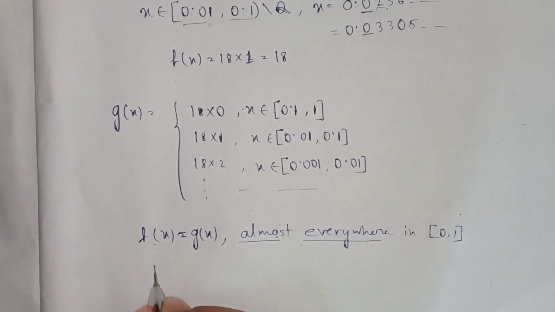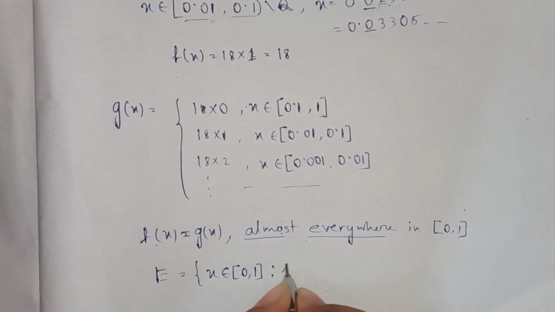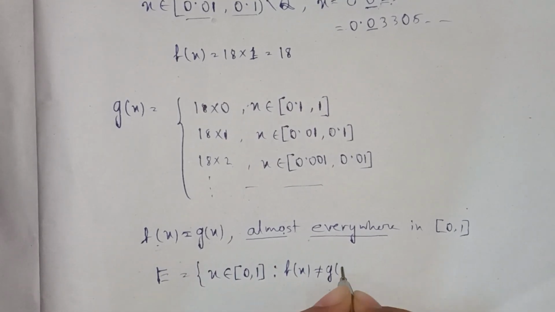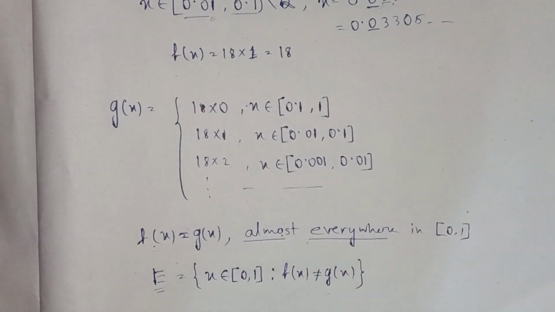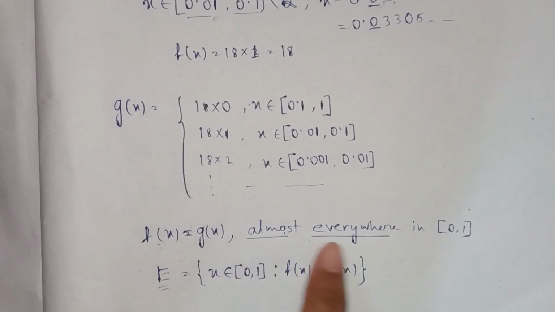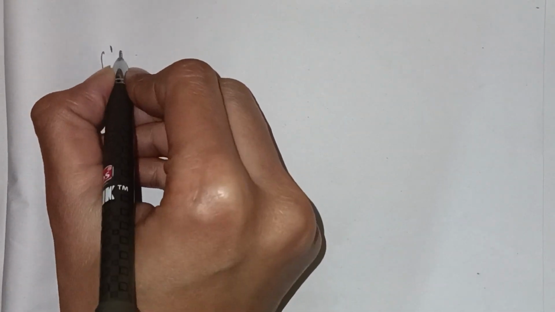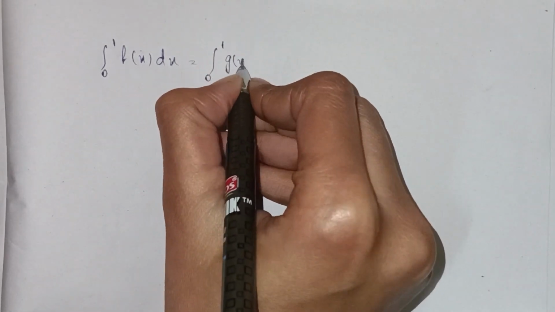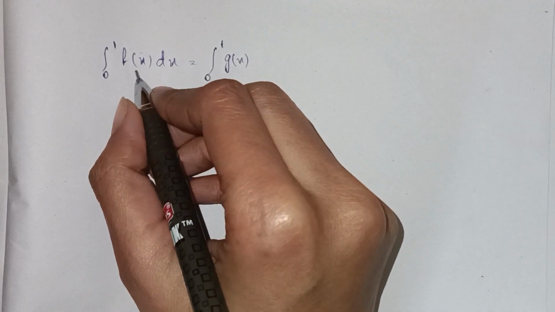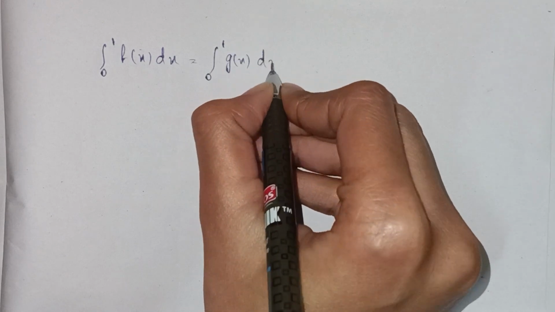That means this set E, where x belongs to [0, 1] such that f(x) is not equal to g(x), is a set of measure 0. Then we can say f(x) is equal to g(x) almost everywhere in this interval. And now we will find the integral value. The integral from 0 to 1 of f(x) dx will be equal to the integral from 0 to 1 of g(x) dx, because g(x) is equal to f(x) almost everywhere in this interval.